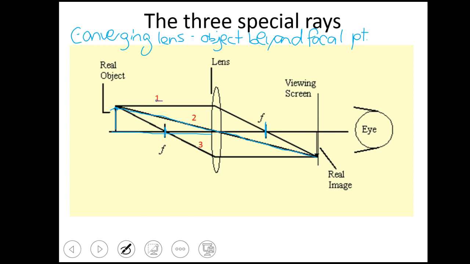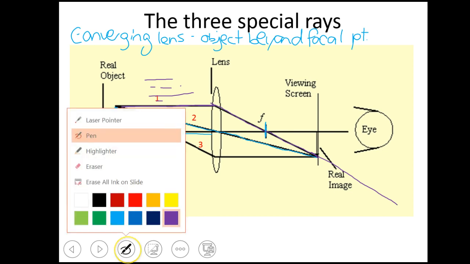Special ray number 1 says that any ray coming in perpendicular to the surface of the lens, and so forming a right angle, we also sometimes call these parallel rays because that's typically how they come in. So a parallel ray coming in gets refracted through the far focal point. And when I draw, I keep going. And then the point where these things cross is the important part.